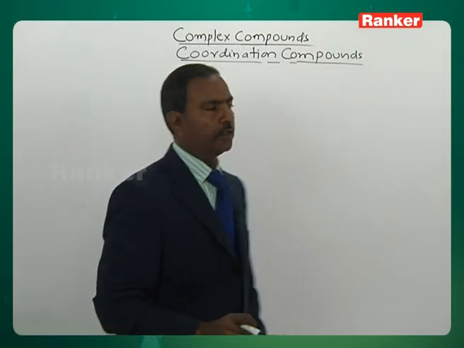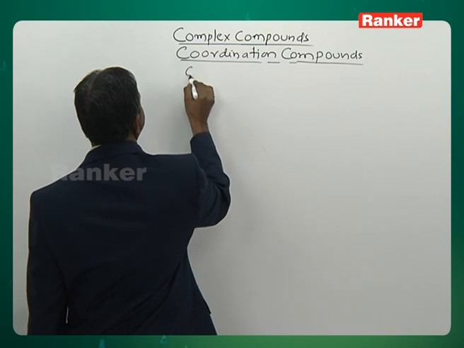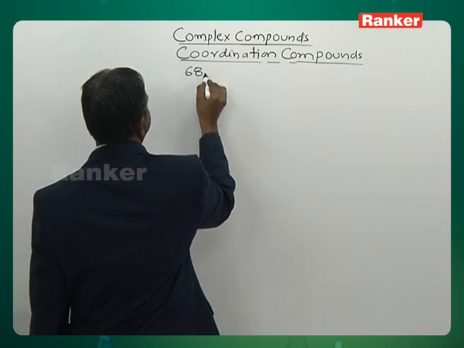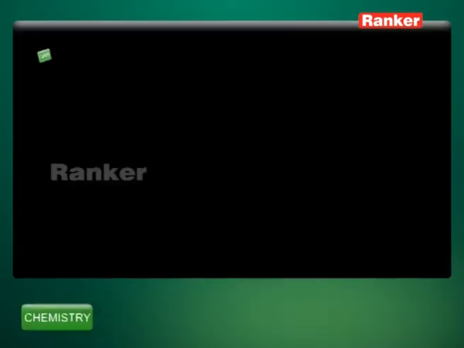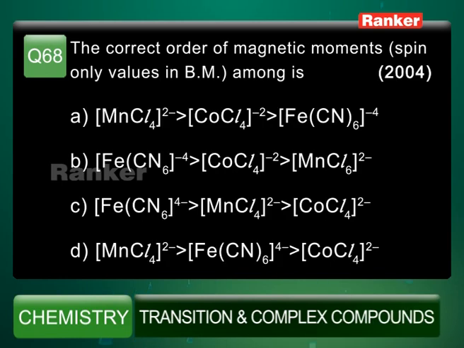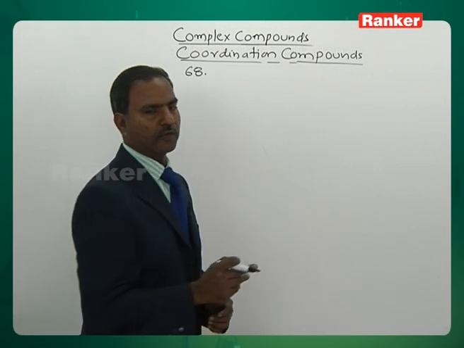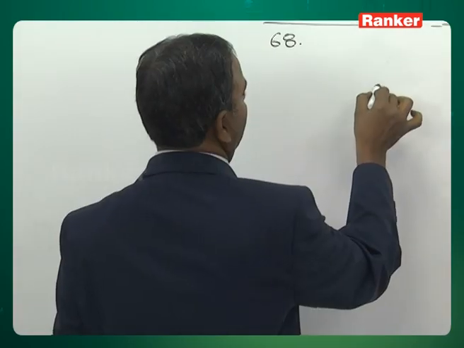Coming to question number 68. The correct order of magnetic moments of spin-only values we have to consider among given. What are actually given? Check the 3 complexes: [MnCl4]2-, [CoCl4]2-, and [Fe(CN)6]4-. First, we write the 3 complexes.